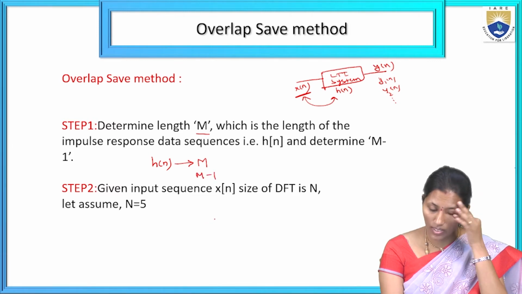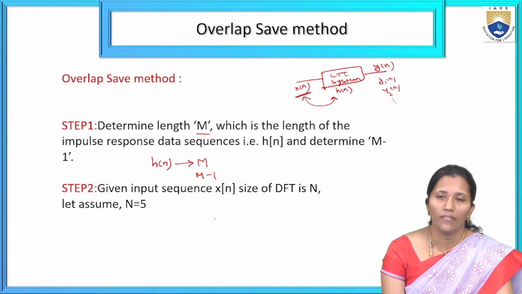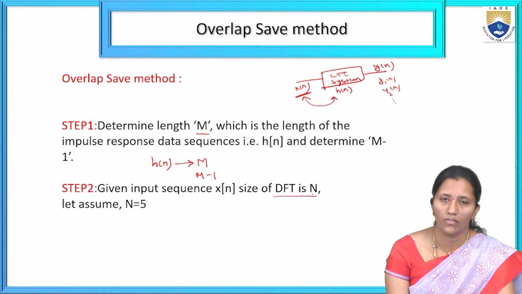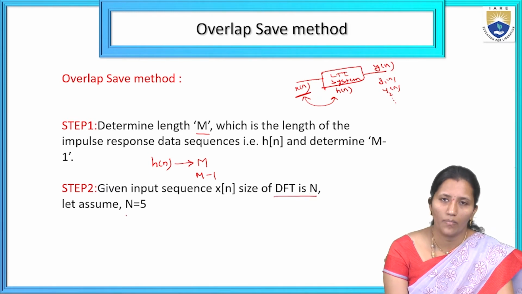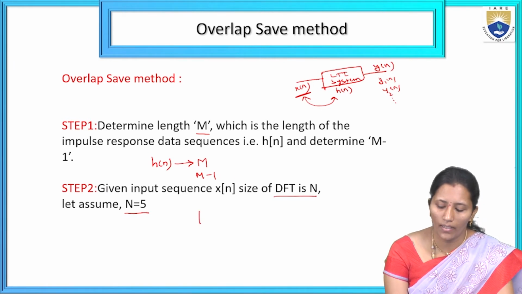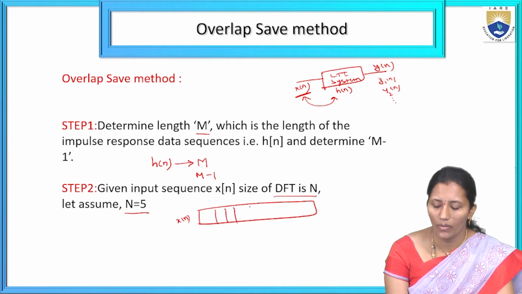In step 2, given the input sequence x of n, the size of the DFT is N. Let us assume N may be 5, you can assume 6, or 4. We can assume the N value. N is nothing but the size of each segmented block. X of n is a long duration input.